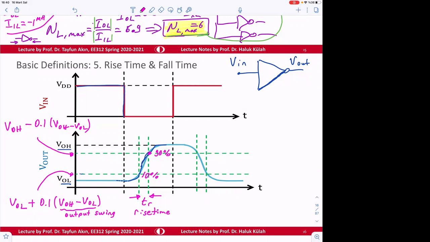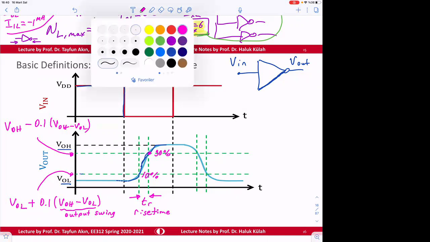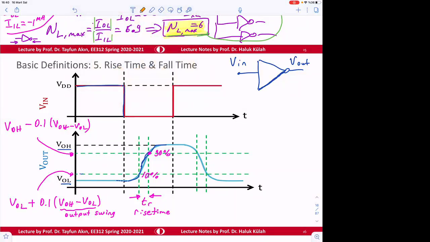So as you can guess, here we also have the 10% concept. 90% to 10% of the swing is called T fall time.